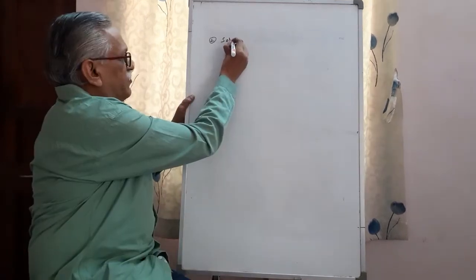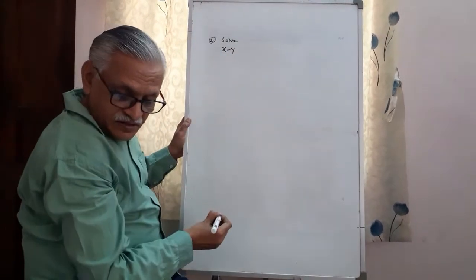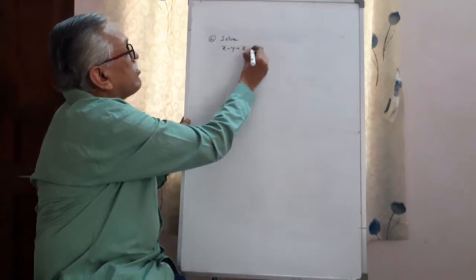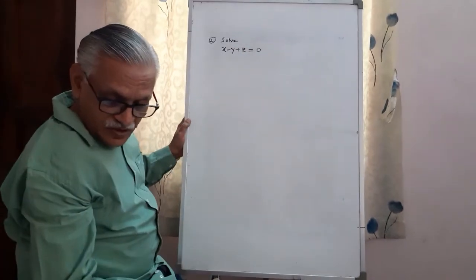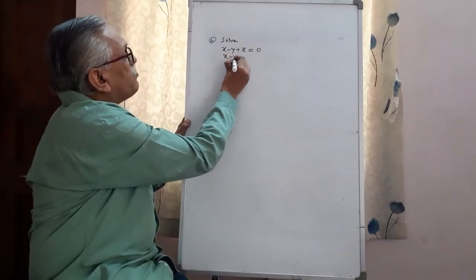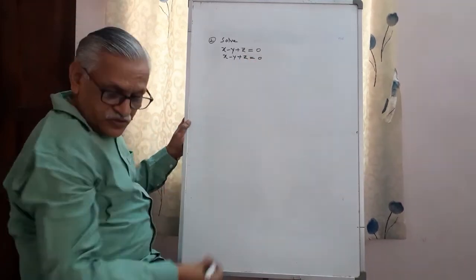The following system of equations: x minus y plus z is equal to 0. Second equation again the same, x minus y plus z is equal to 0.